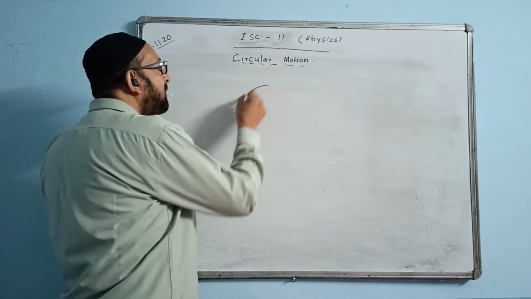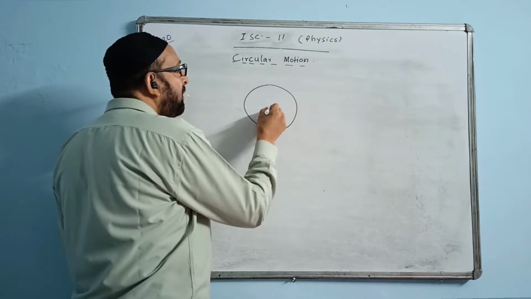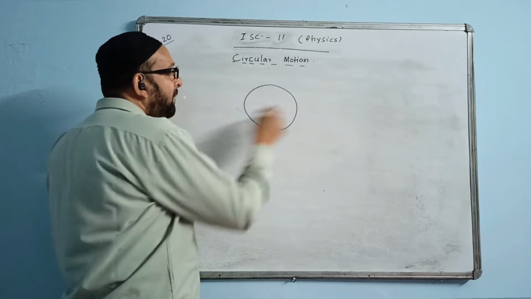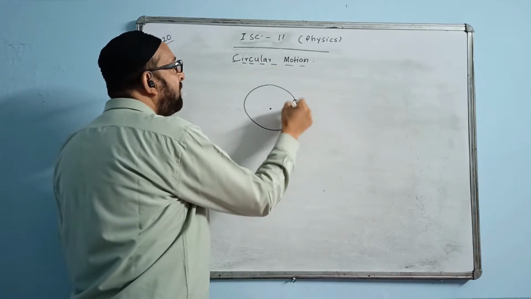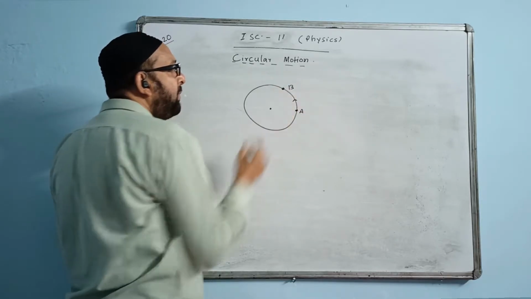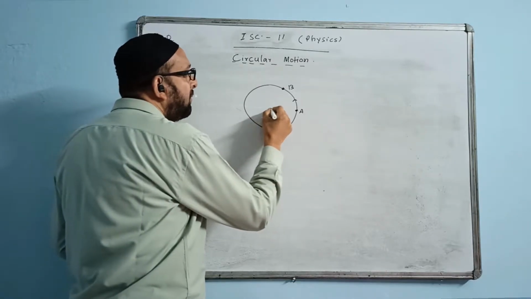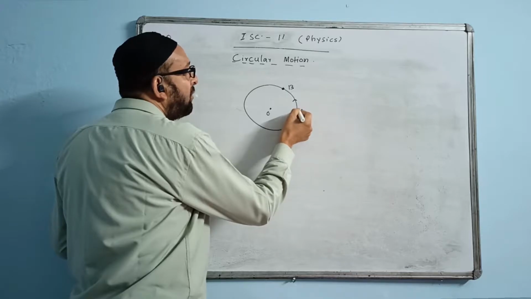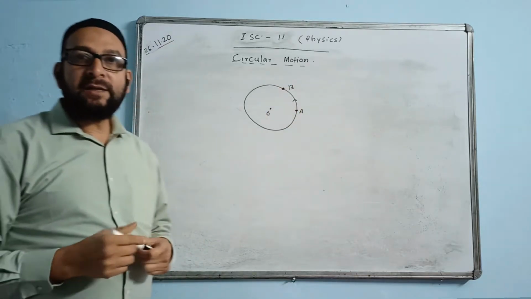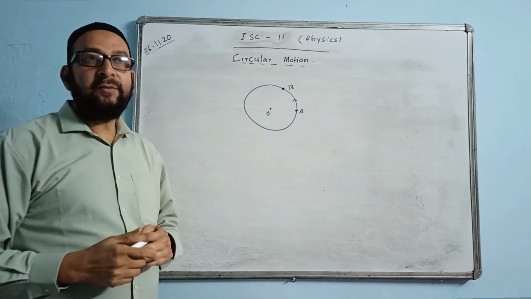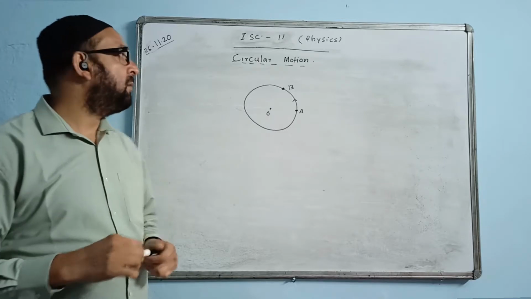So a body is moving in circular motion like this, either uniform or non-uniform. Here is the center. The body is over here at A, and after some time it moves and comes to the point B. Then we see this distance traveled along this path. This is called linear displacement, which will be in the form of an arc of the circle.